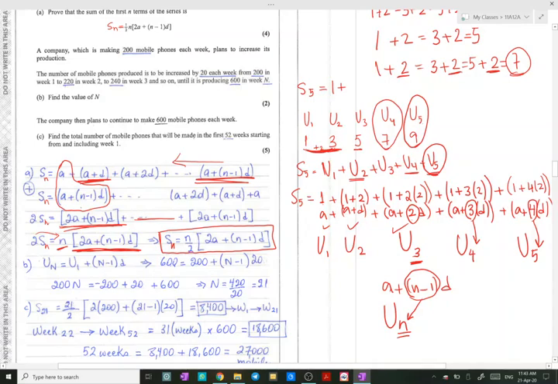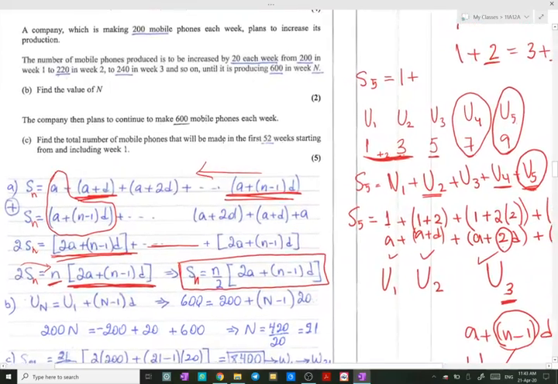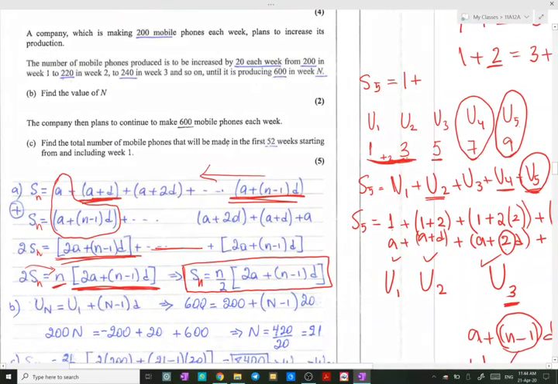A company which is making 200 mobile phones each week plans to increase its production. Starting with 200 mobiles, the number of mobile phones produced is to be increased by 20 each week, from 200 in week 1 to 220 in week 2 to 240 in week 3, and so on, until it is producing 600 in week n.